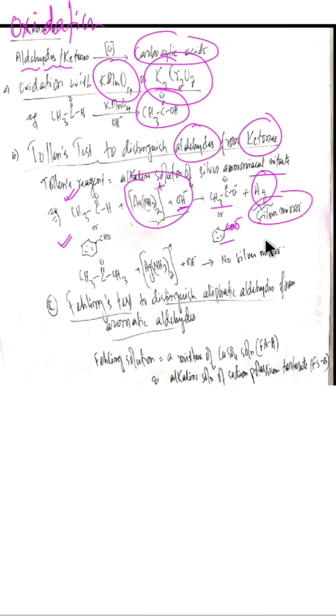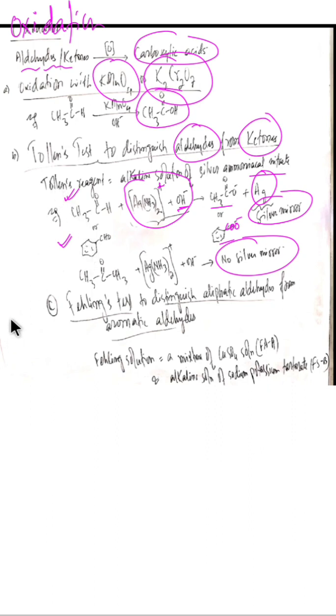So silver mirror will be formed. So Tollens test is also called silver mirror test. Okay, and with Tollens reagent, ketones do not react to form silver mirror. So if a compound is reacted with Tollens reagent to form silver mirror, the compound has to be an aldehyde, which can be aliphatic or aromatic.